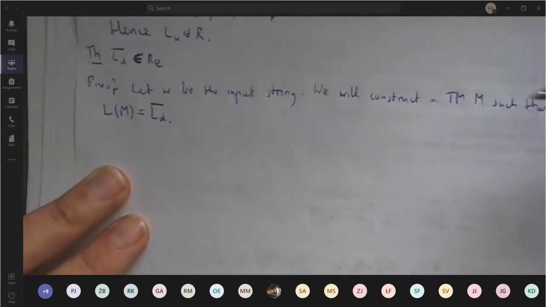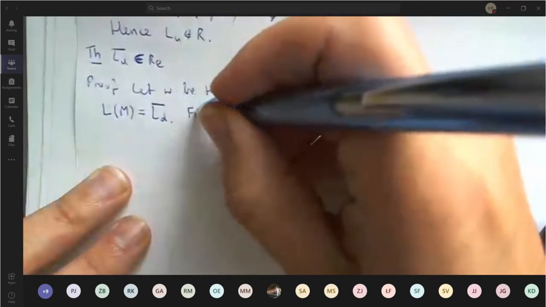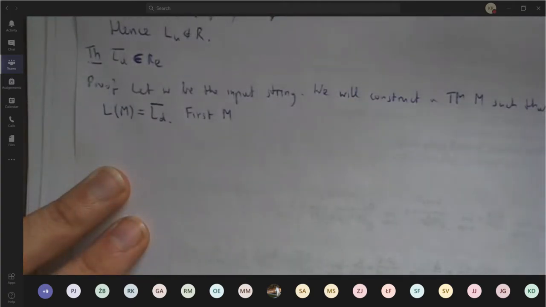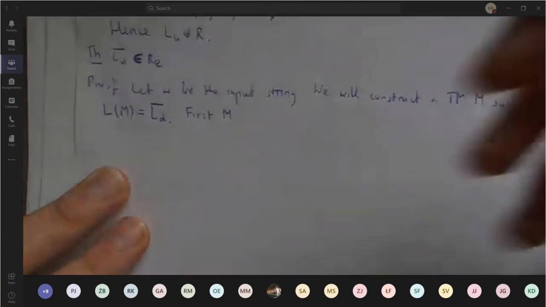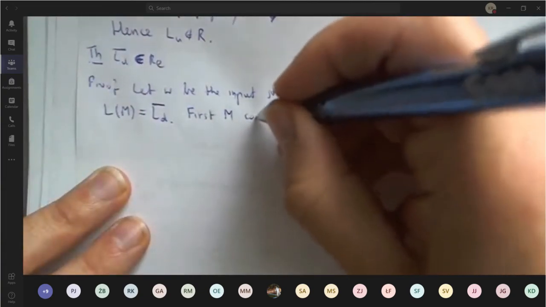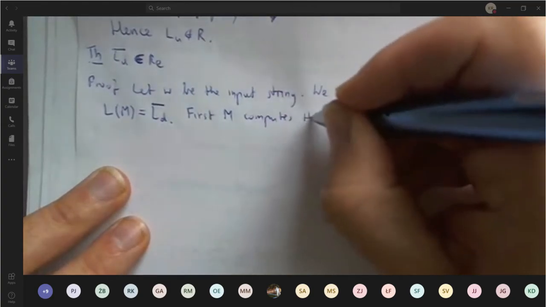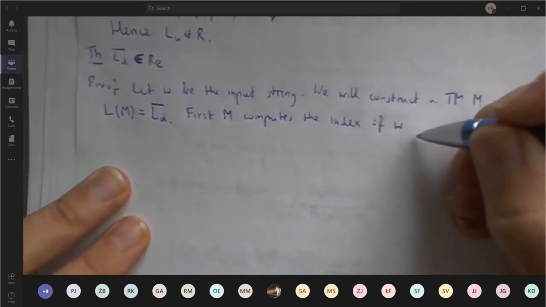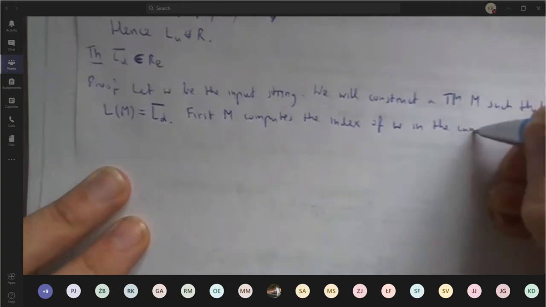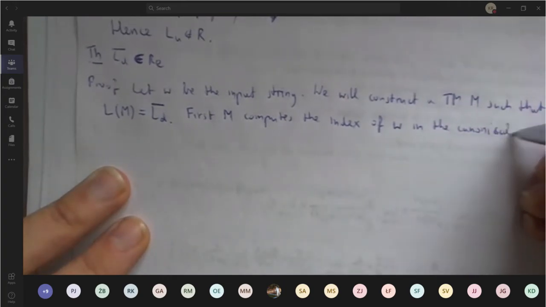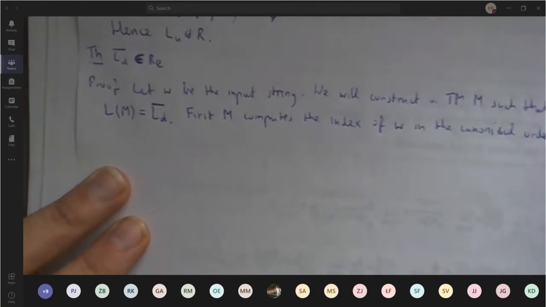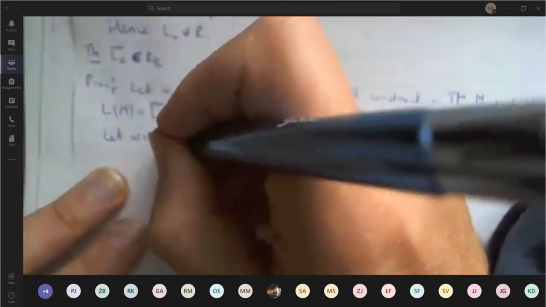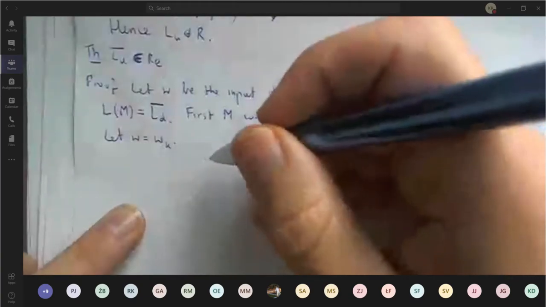Okay, so I will describe how M works. First, like in the previous proof, M computes the index of W in the canonical order. Let's assume that this index is K again. So W is equal to W_K.